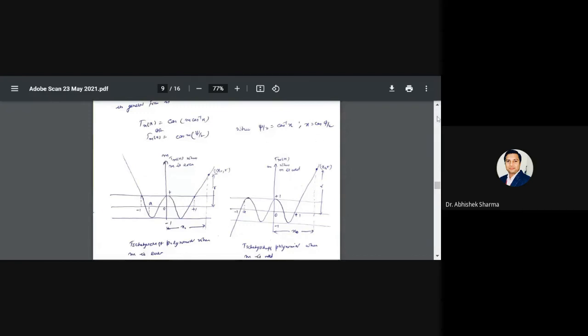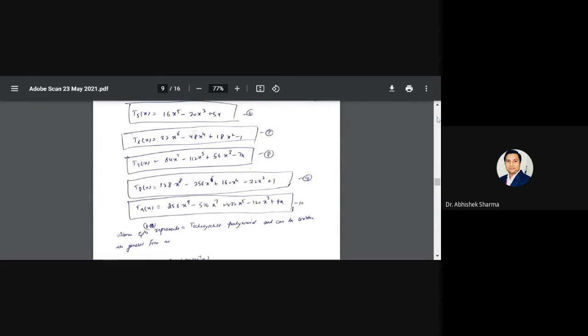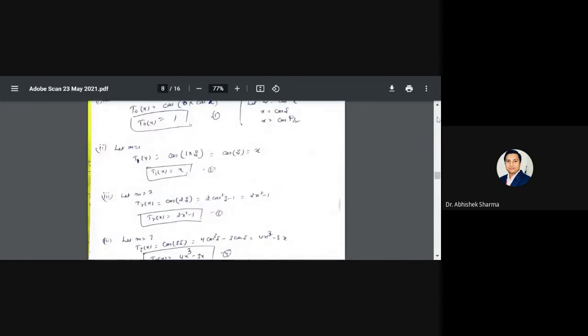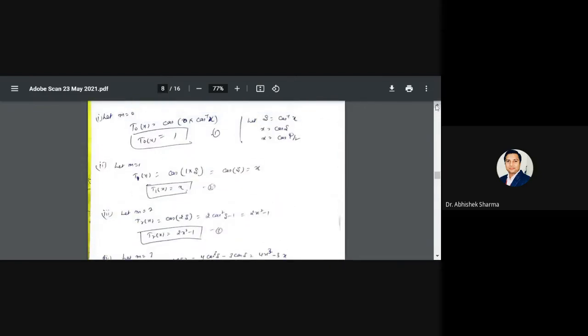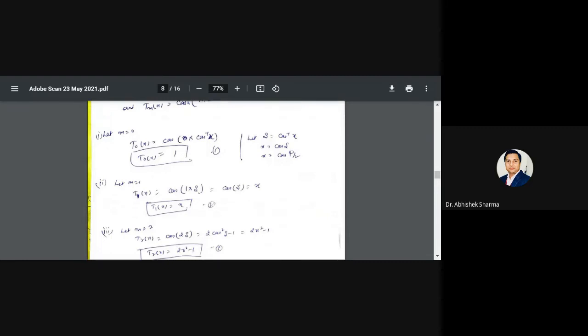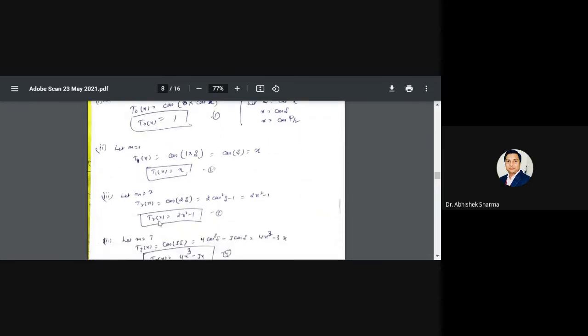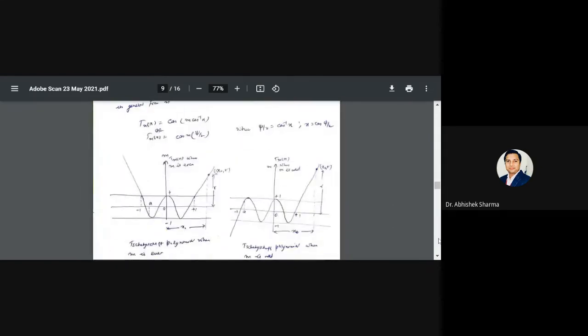If you put any value of x between -1 to 1, then your Tmx will have a value between -1 to 1, because along this side we are representing Tmx for different values of m.